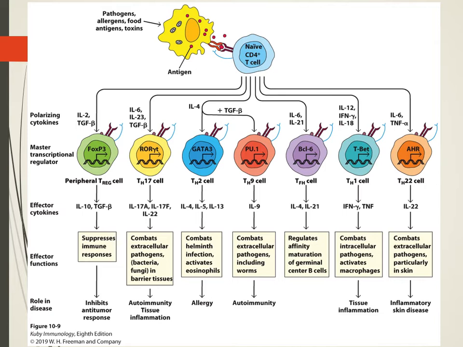Okay. Now, when we look at our Th2 cell, it's going to be IL-4. Again, keep in mind these are the ones where the APC, the antigen-presenting cell, saw like a parasitic worm, and so we're going to get production of IL-4. That cell senses that, which causes GATA3 production, and that's going to lead to additional IL-4 production, IL-5 production, and IL-13 production.